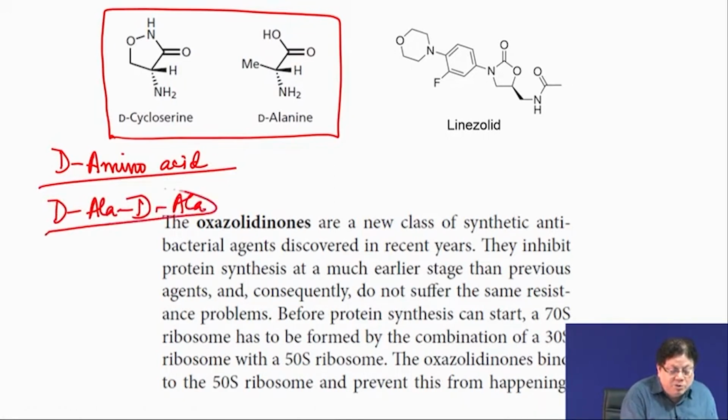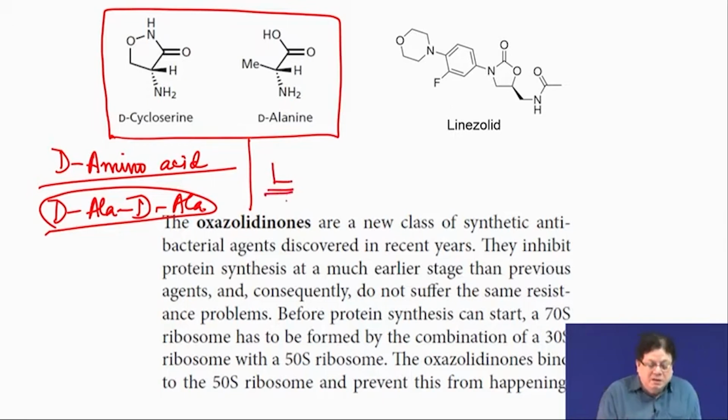Now, the question is where this D-alanine is coming from. The D-amino acid is coming from the L-amino acid, because in the biological system the amino acids, I am not talking about plant origin, usually all belong to the L configuration. So, the source of D-amino acid is nothing but the L-amino acid.